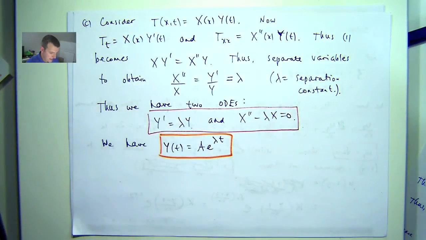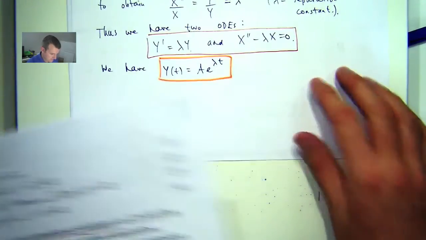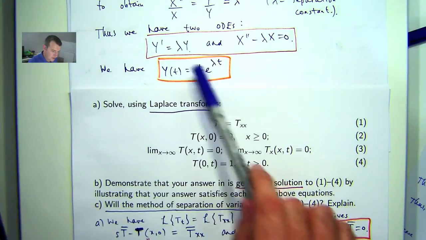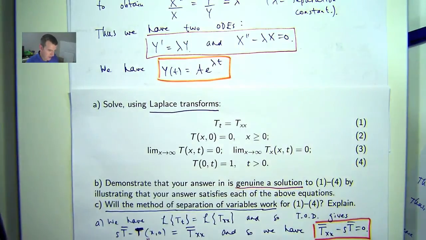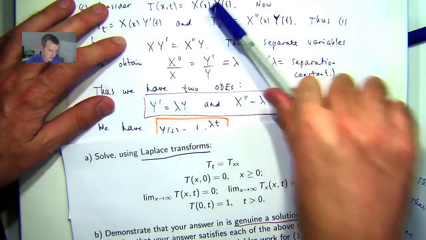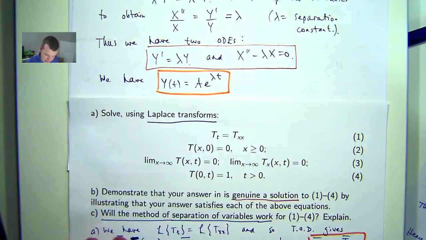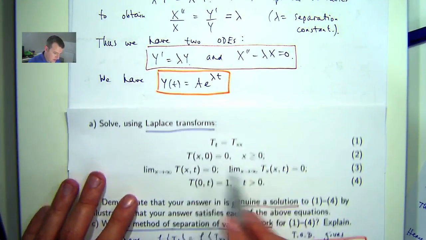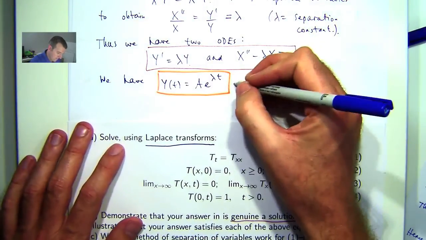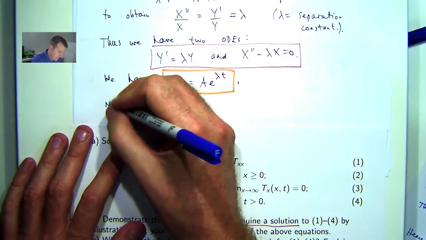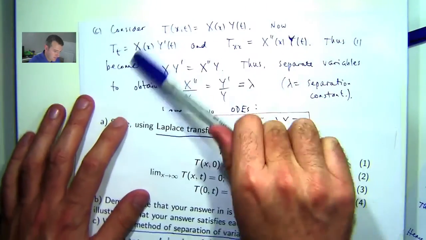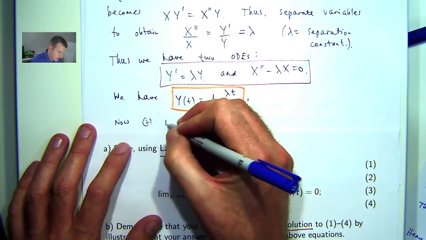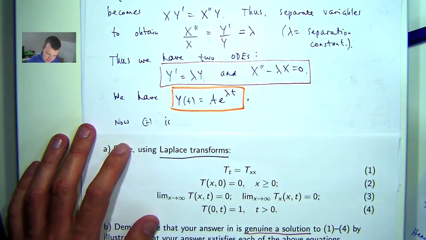Now let's look back at our conditions again. If this is a solution to this problem, big Y, it looks like we've found half of our solution up here. If we look at condition 2, what is condition 2? Well, in the format of this product, condition 2 is the following.